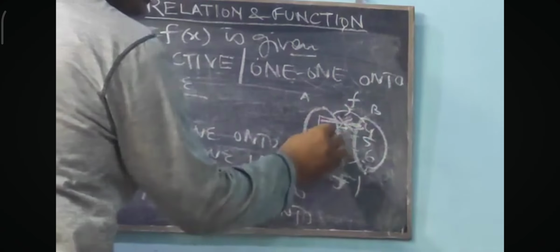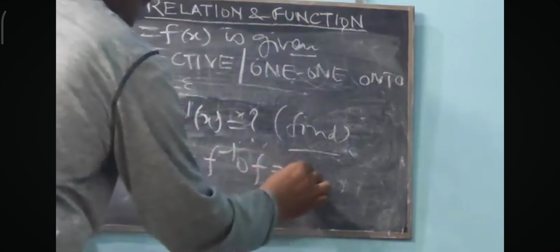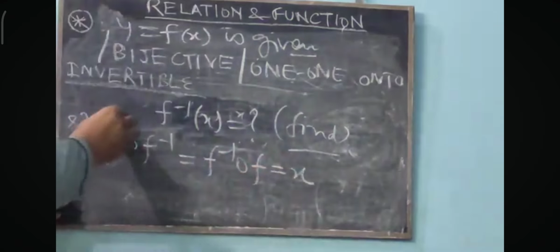Now see, y equal to f(x) function would be given to us, already written there. Firstly, we will find what is f inverse x. This we have to find. Now, after getting this, you have to show that f o f inverse and f inverse o f both are identity functions, both are equal to x.